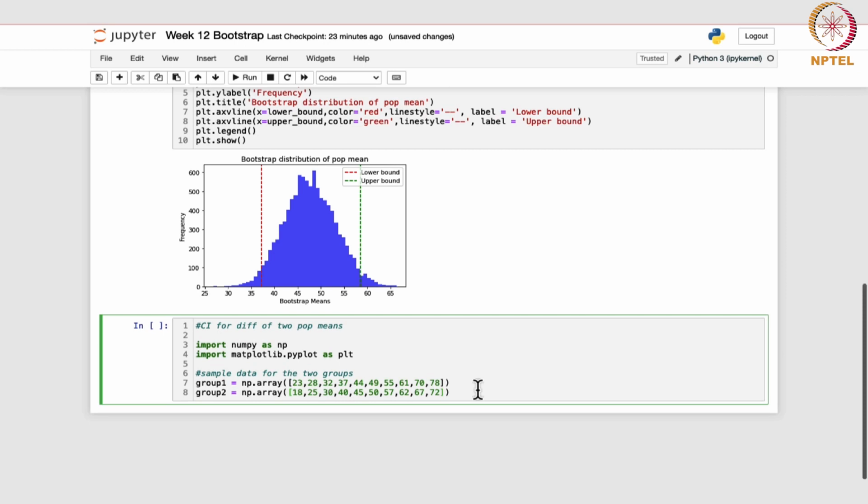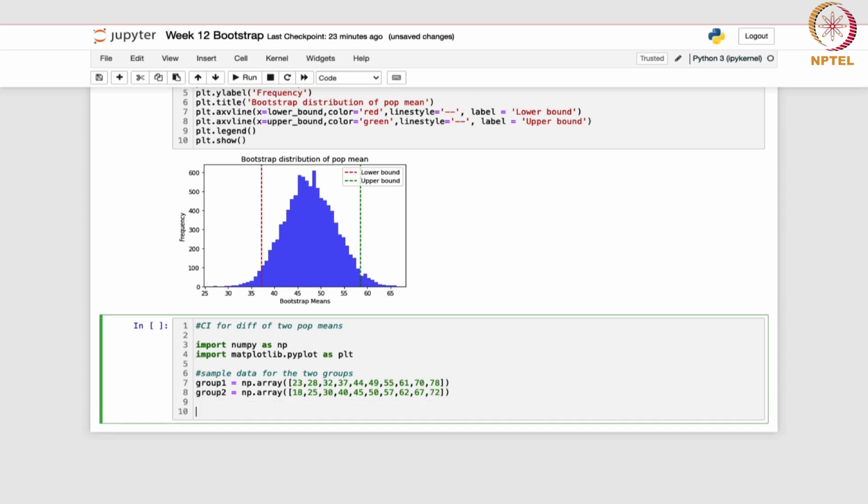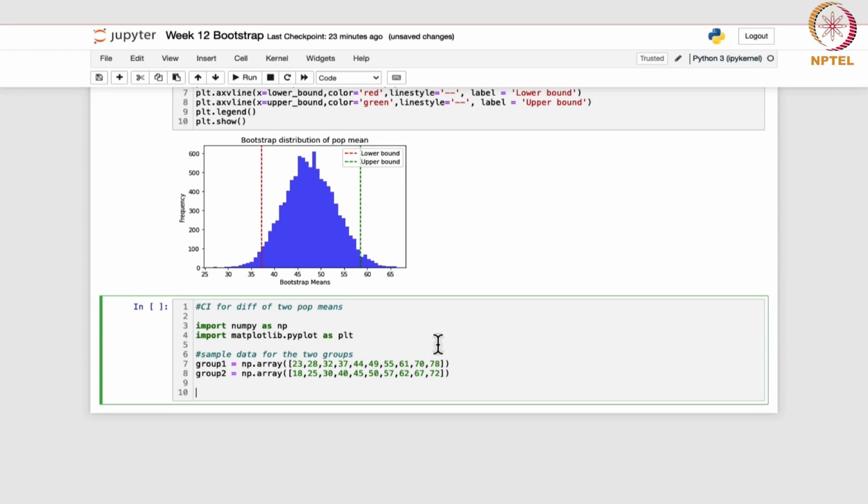Obviously here I am just considering these of size 10 only. If you want to increase it, you can do that and check your results. These group 1 and group 2 are your numpy arrays containing sample data for the two different groups.